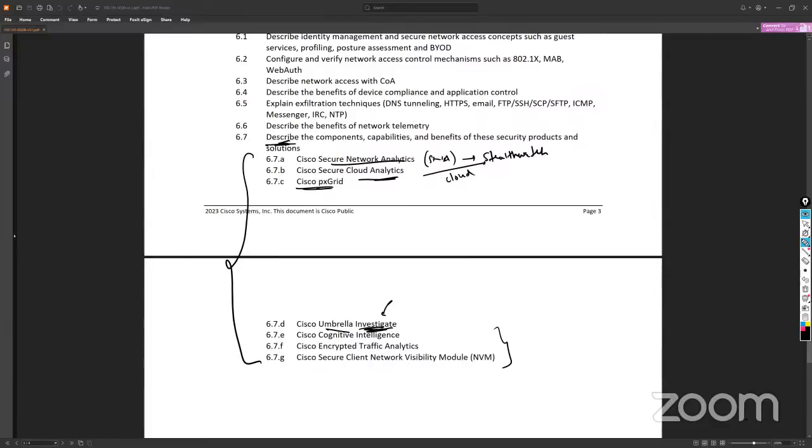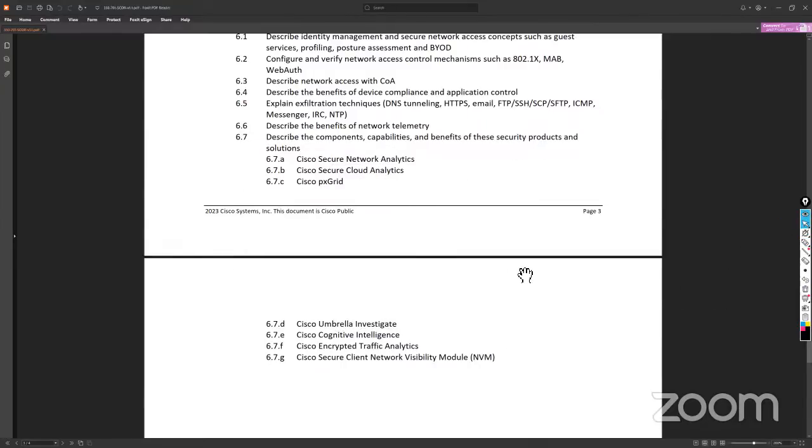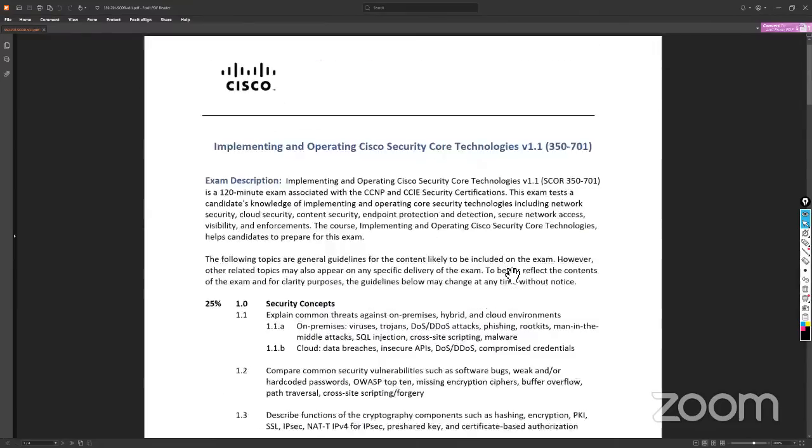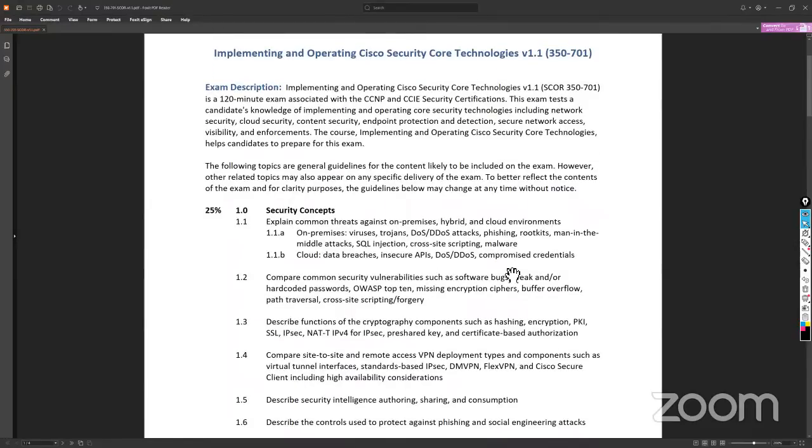All right, so this is going to be your SCOR. Now my purpose is going to be to cover almost everything that's in here, and I'll recommend textbooks and documents from time to time.